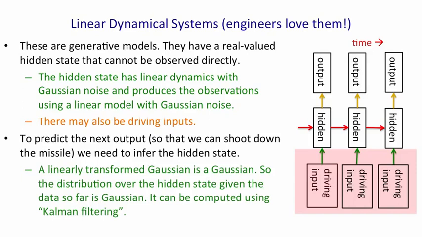Because all the noise in a linear dynamical system is Gaussian, it turns out that the distribution over the hidden state, given the observations so far, that is, given the outputs so far, is also a Gaussian. It's a full covariance Gaussian, and it's quite complicated to compute what it is, but it can be computed efficiently, and there's a technique called Kalman filtering that's an efficient recursive way of updating your representation of the hidden state given a new observation.